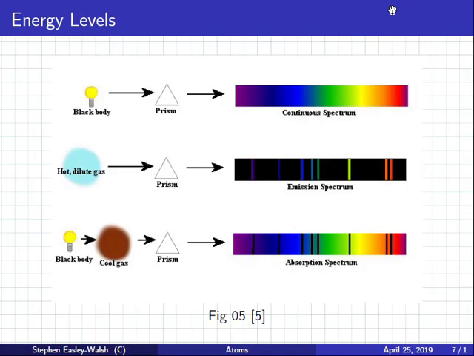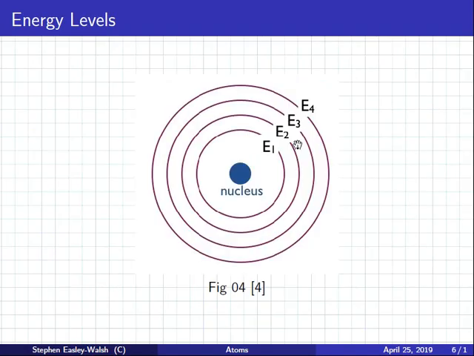Okay, now if I just go back to this picture for a moment, which energy level here is the most negative? E1. Okay, because it's the most trapped. And E4 is less negative. So E4 is bigger than E3, bigger than E2, bigger than E1. Yeah? Okay.